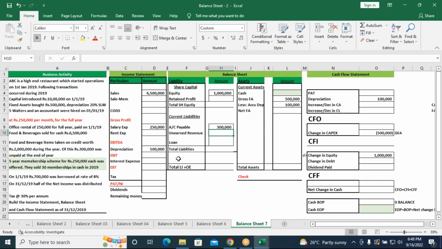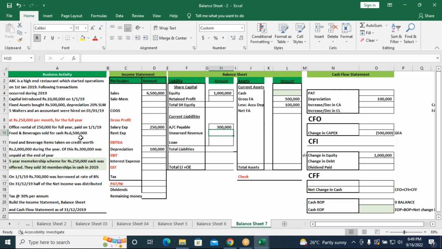So accounts payable. Ma'am, can you explain the sales part? Sales, here you can see, they are telling directly that food and beverages were sold for cash, rupees 65 lakh. They are not telling how much we purchased, what the purchase quantity or the purchase rate is, nothing.